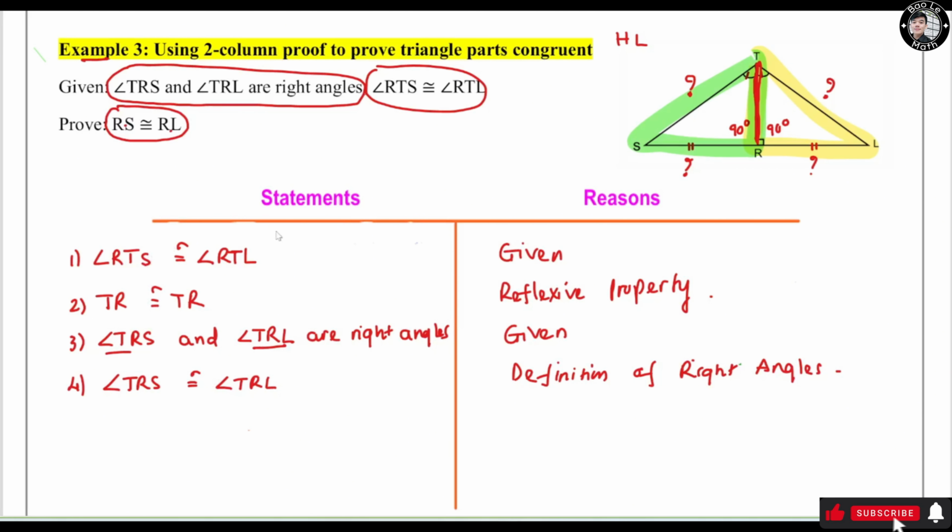So then we can conclude that triangle STR is congruent to triangle LTR by ASA theorem: angle, side, and angle. Since these two triangles are congruent, we can conclude that SR is congruent to LR by CPCTC.